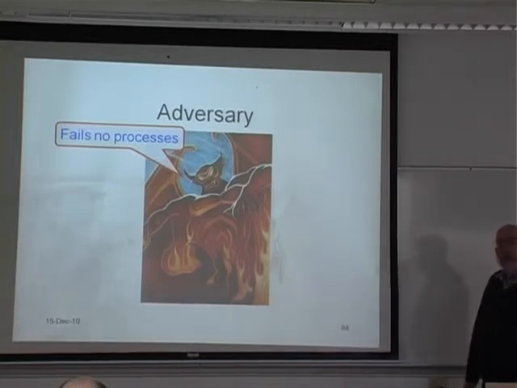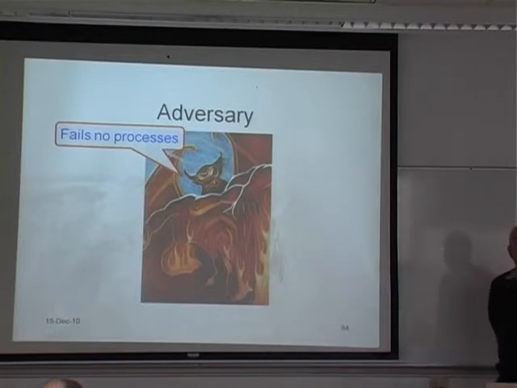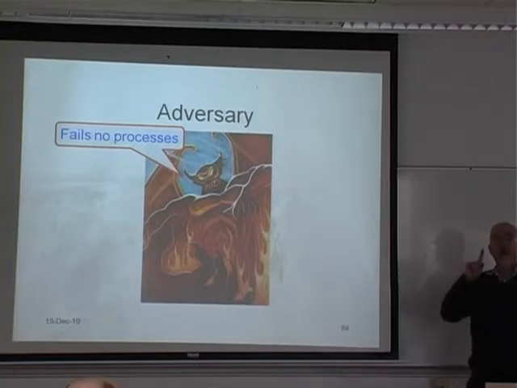So if you assume the adversary has no failures, why? If you assume the adversary doesn't fail a process, then everybody could just wait for process 0, and then you could do consensus. So you assume there are failures. I assume that your algorithm has to work if failures happen.